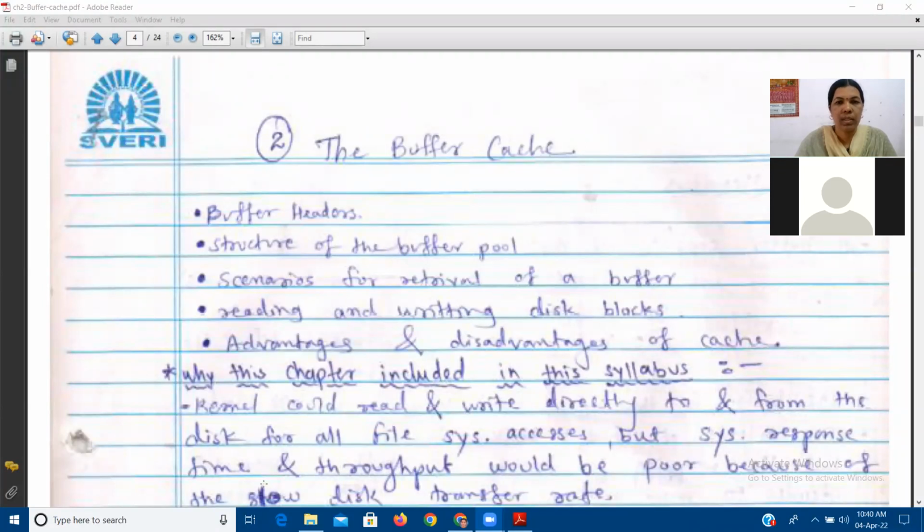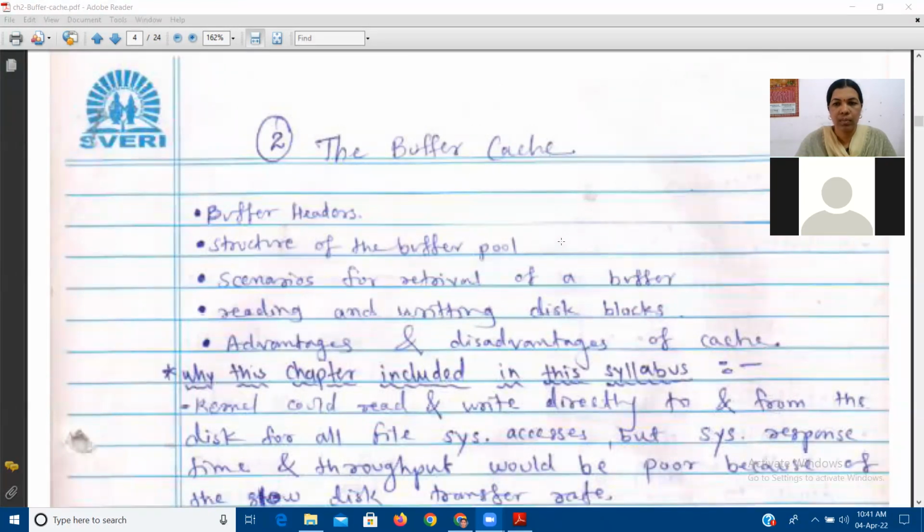Note the points. Name of the chapter is buffer cache. Whether my screen is visible? It is showing some error to me.